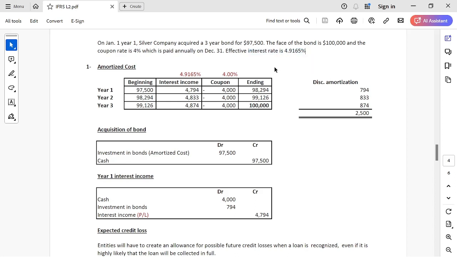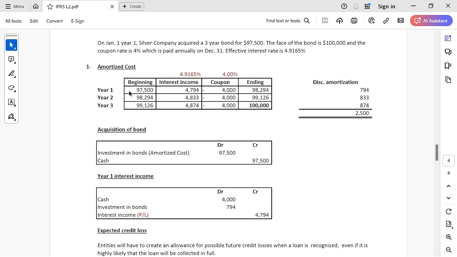So what this means is that other bonds in the market may be giving a higher rate than 4%, something like this 4.91%. So the market rate is higher than the stated rate, which is 4%. Accordingly, the bond is issued at a discount to give an effective rate, or a yield rate as it is also called, of 4.9165%. And again, easier shown in this example.